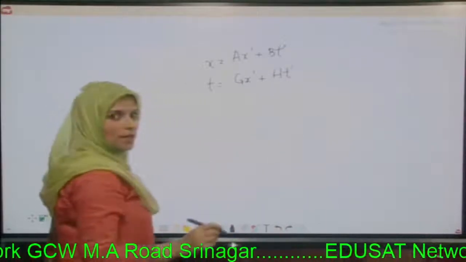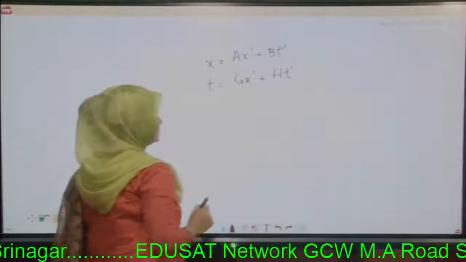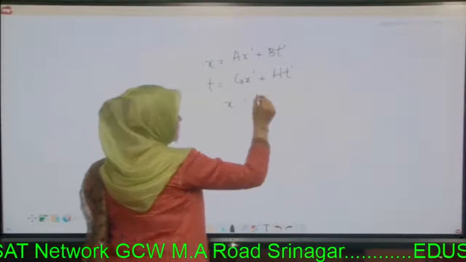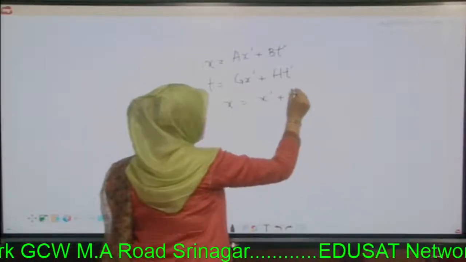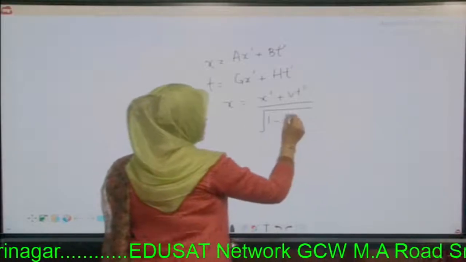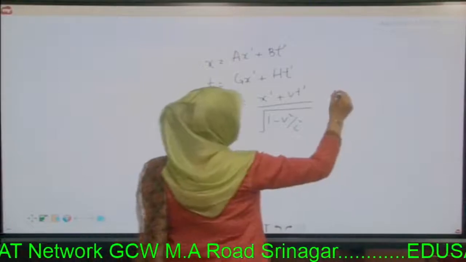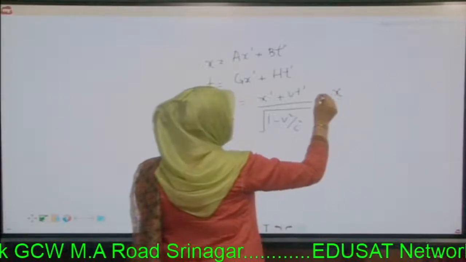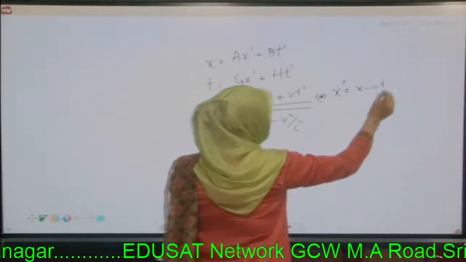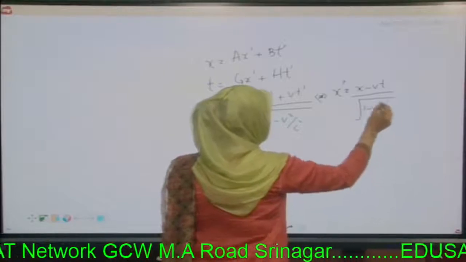You have obtained the value of all the 4 constants a, b, g and h, and once you substitute, I will directly write the results. You get x is equal to x dash plus vt dash divided by 1 minus v square by c square, or inversely you can write that x dash is equal to x minus vt divided by 1 minus v square by c square.